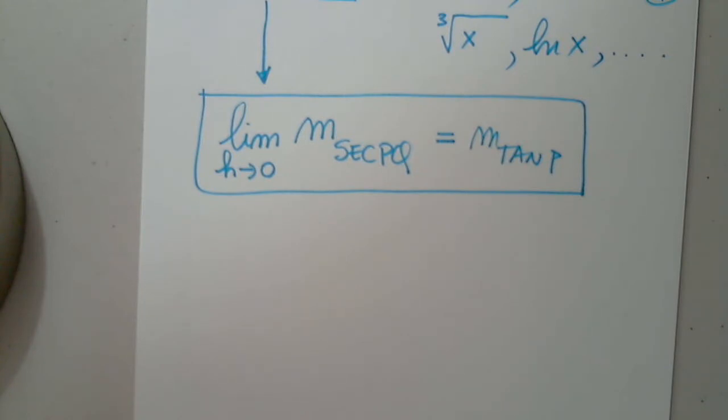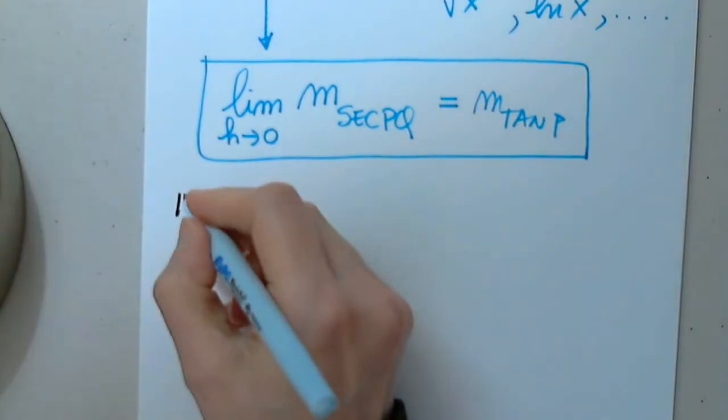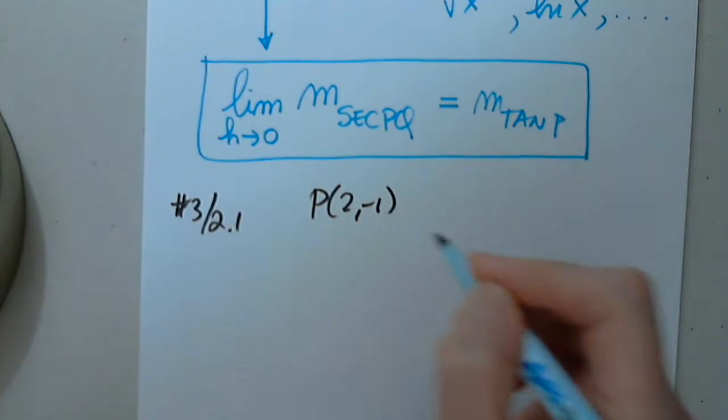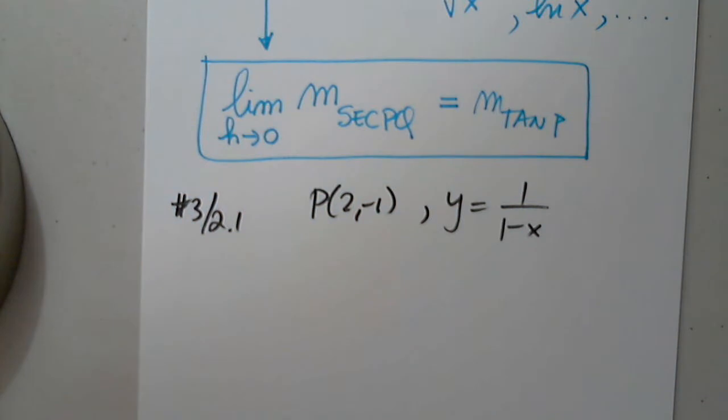Let's start with number 3. And let me just copy. So this is number 3 in 2.1, and we have the point 2 comma negative 1, and the function is 1 over 1 minus x.